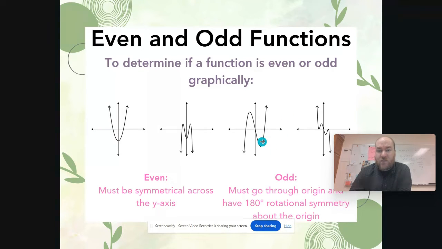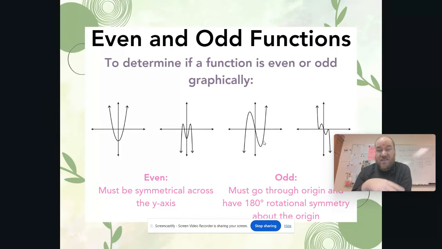It's upside down and backwards, right? We rotated it 180 degrees. And the same goes for every one of the four quadrants. If you point at a quadrant, if you spin it 180 degrees, it should be the exact same picture, and all four quadrants should do that.